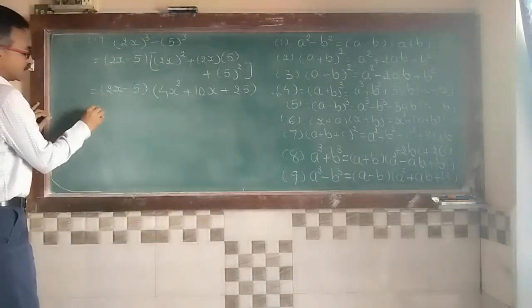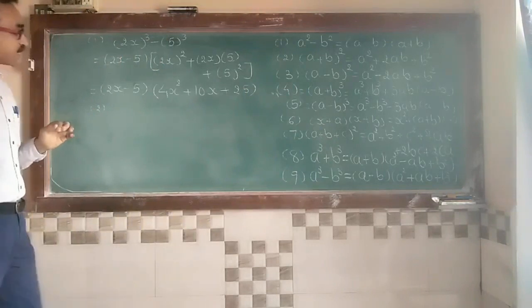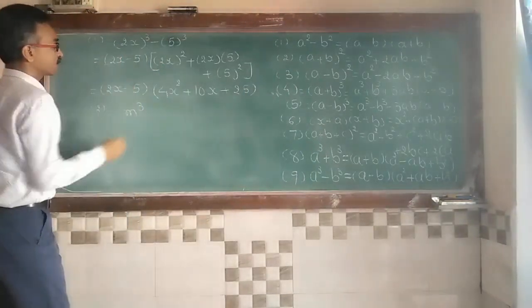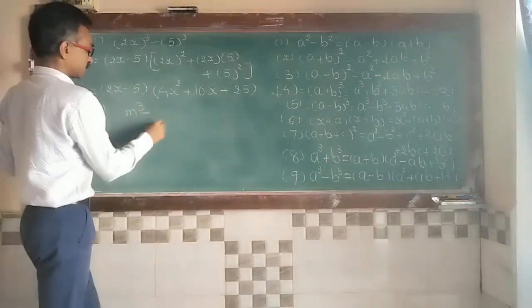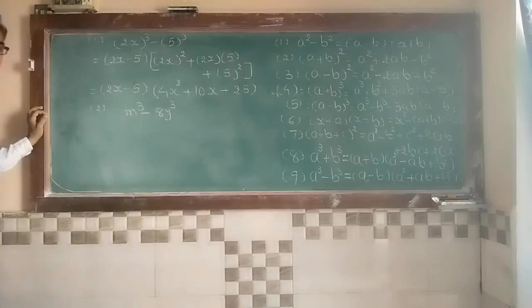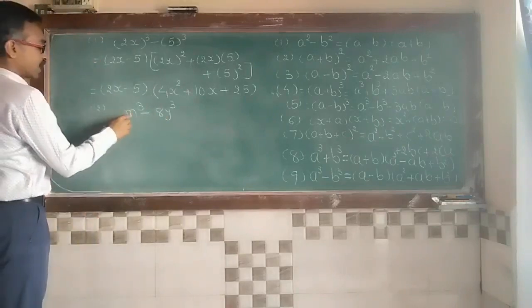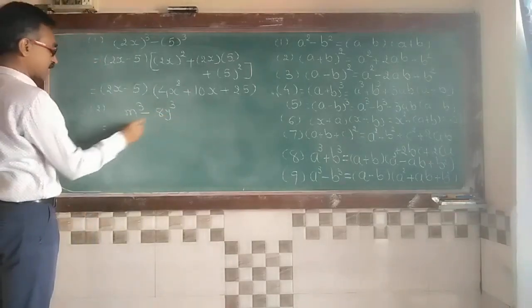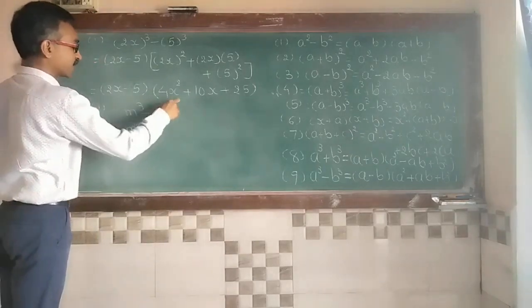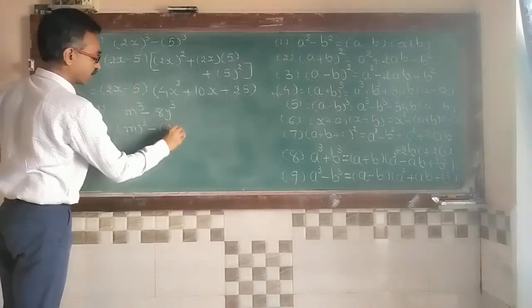Suppose a second example, you are given m^3 - 8y^3. So see here, m^3 minus 8y^3 means it is the cube of m minus the cube of 2y.